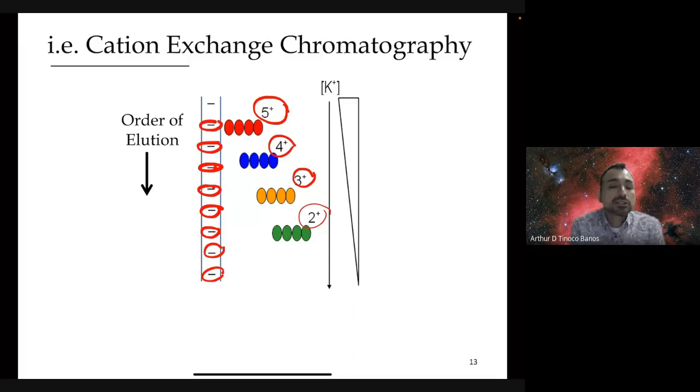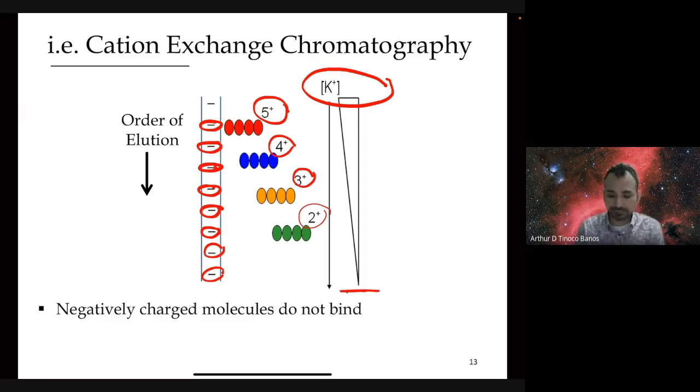Then, in order to elute them in order of higher charge, you're going to use a buffer that's going to increase in the concentration of potassium. That's what's represented by this feature here, that you're increasing the concentration of the potassium. So that is a gradient that you're applying, and that's going to help you elute.